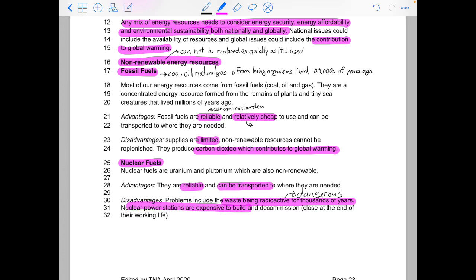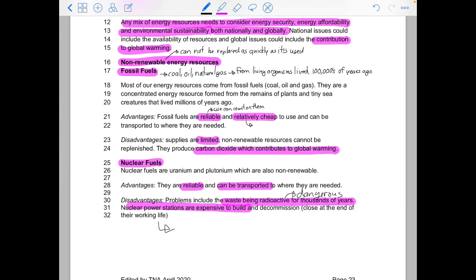Also, if something goes wrong, then it goes very wrong. So I'm pretty sure most of you have probably heard of Chernobyl. So that is a nuclear power station that went wrong. So it was unable to work the way it was meant to, and it broke down, and it caused big issues.